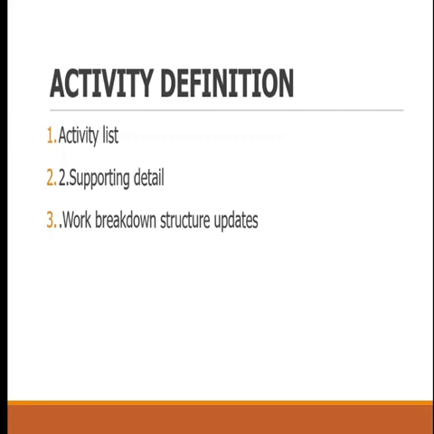Let's look at activity definition output. When you define your activities, you will come up with an activity list. That's number 1. Did you see it here? Activity list. What's an activity list? It's like a to-do list. The list of work to be done in order to accomplish the project. We want to arrange the hall for 50 guests. What are we going to do to arrange it? Number 1, have a meeting with the stakeholders.